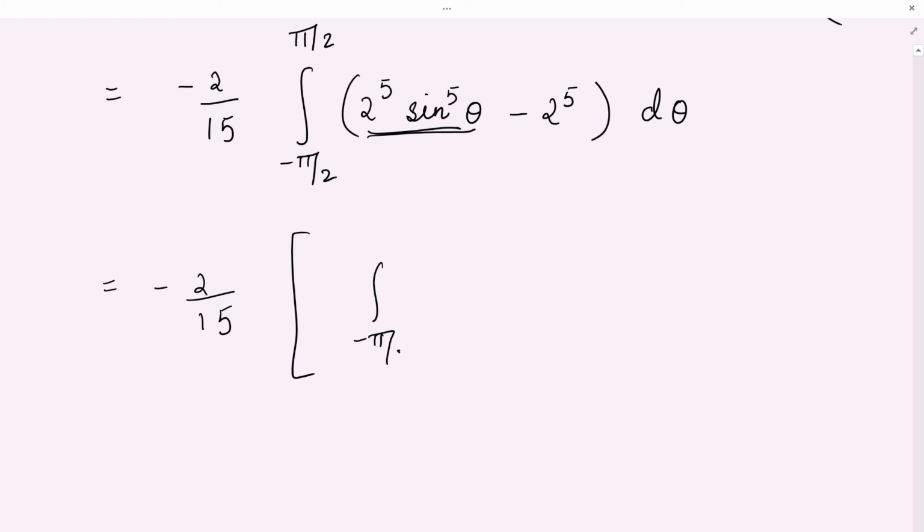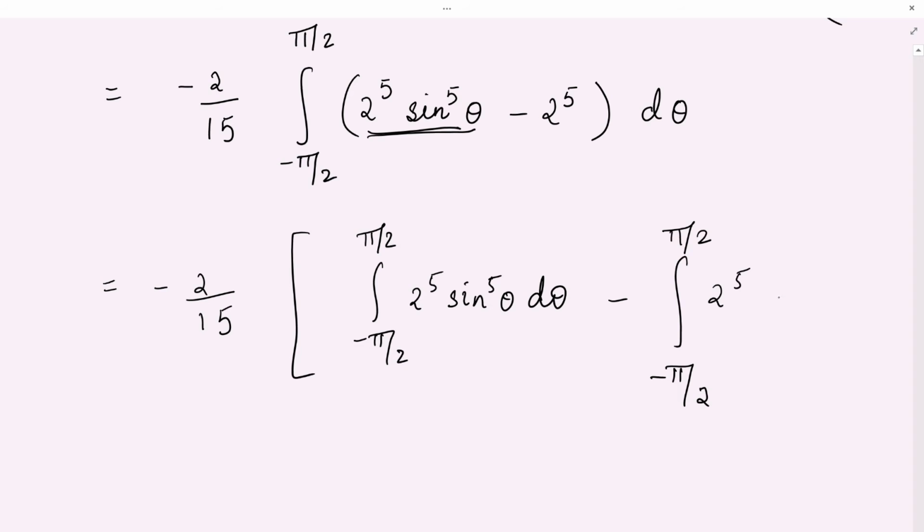Let me separate this, minus pi by 2 to pi by 2, 2 raised to 5 sine raised to 5 theta. Sine raised to 5 theta is an odd function anyway, so this will become 0. Since it's an odd function, this becomes 0.